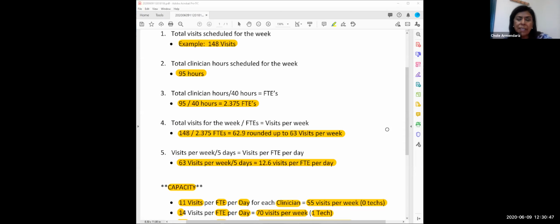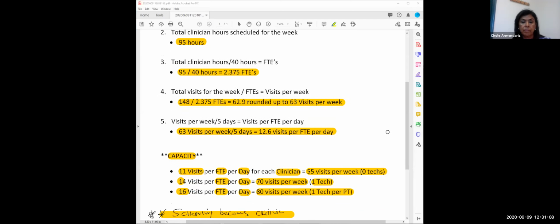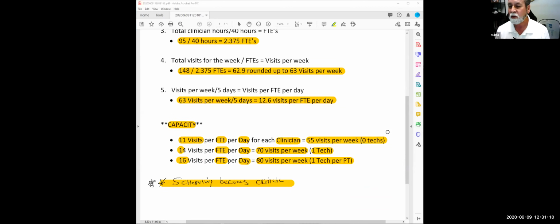But the formula says that you should have had one. One technician. Right. So it looks like I shouldn't have, but actually the formula gives me under capacity, and that's a very good pickup, Chole. If you go down under capacity, if it's 14, I can use 1 tech.